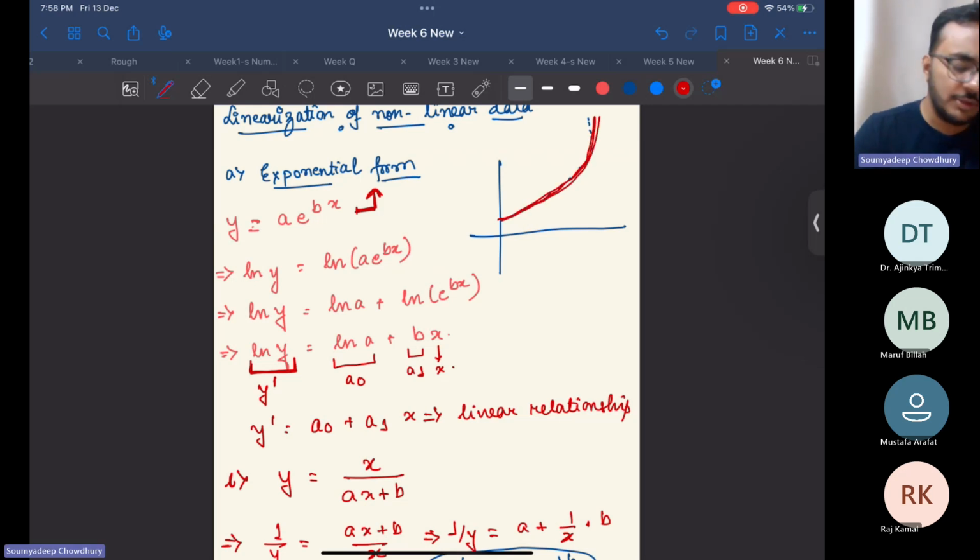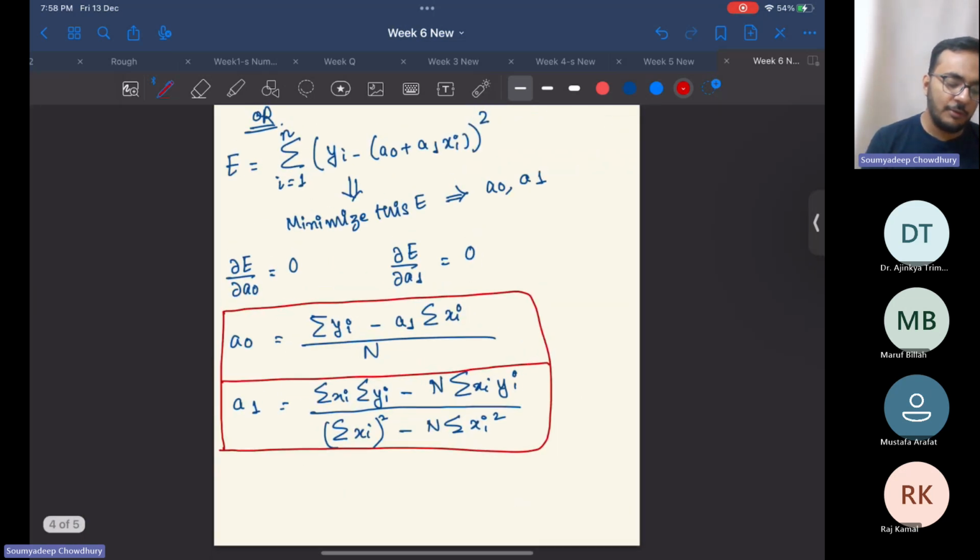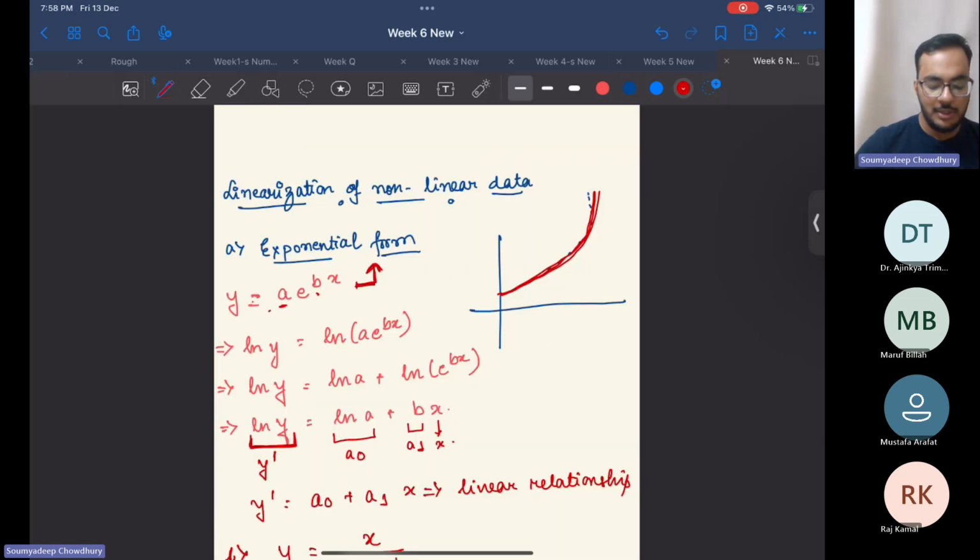This looks like exponential data. If you want to fit it to an exponential form, we need these coefficients a and b. However, what we explained here, a0 and a1, is only for linear data. So somehow we need to change the variables y and x and convert it into a linear equation, so that we can apply the previous formula and get the coefficient values.